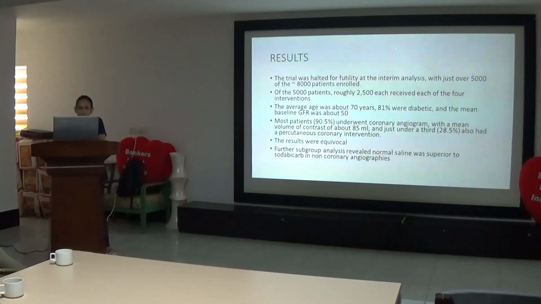The average age in each group was around 70 years. 81% of them were diabetic. 90% of the patients underwent coronary angiography. This was done in a center where all angiographies were done, not just coronary angiography, but most patients underwent coronary angiography only. So we can extrapolate the results to our center as well.